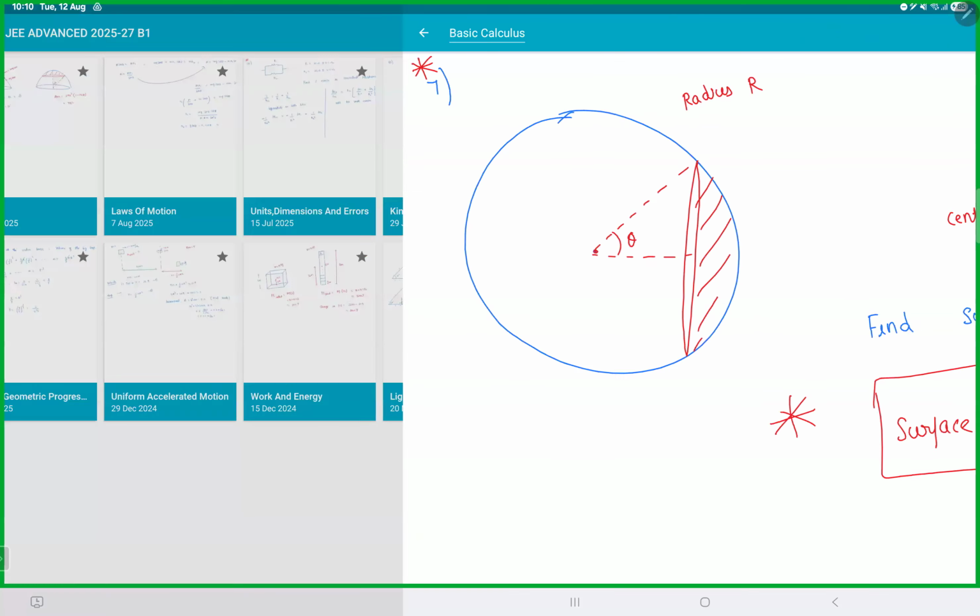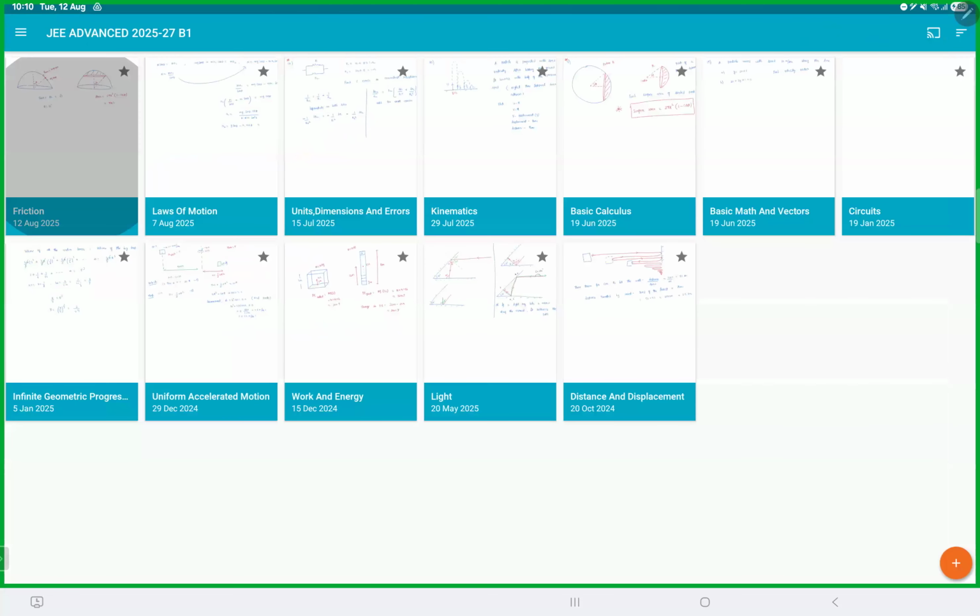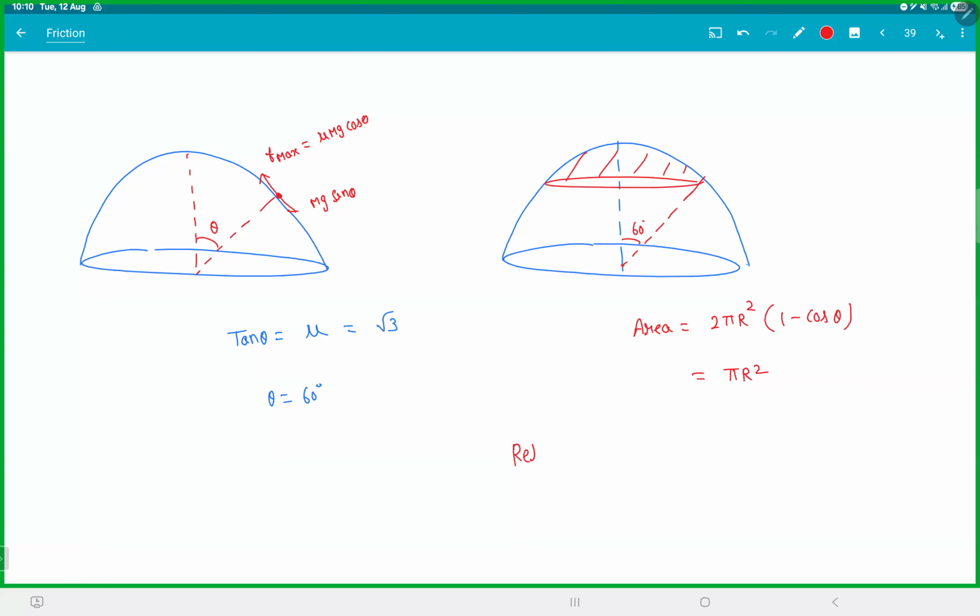This you can see in calculus page 134. That formula comes from there. Clear with this? Yeah, that's how you can play with the angle of repose.